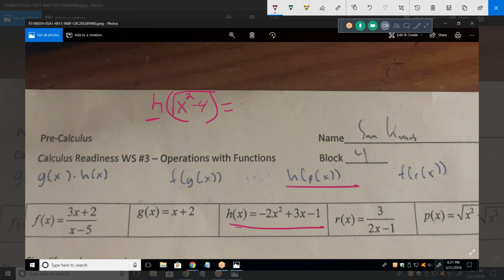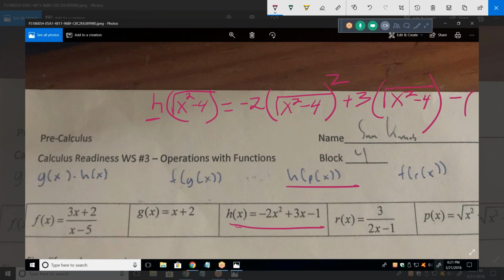Negative 2 and then parentheses the square root of x squared minus 4 and into the parentheses squared plus 3 in parentheses the square root of x squared minus 4 and into the parentheses minus 1. I think you got this. And I think you understand it.